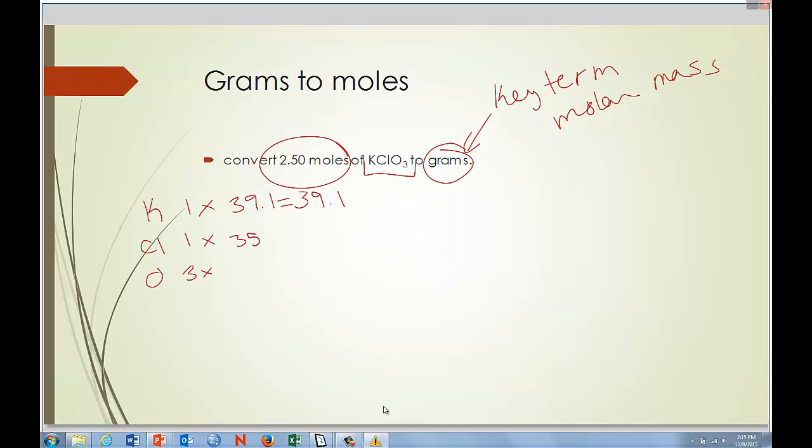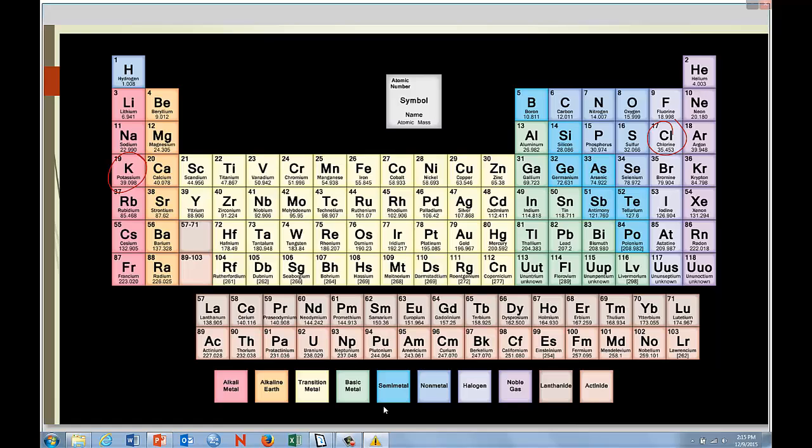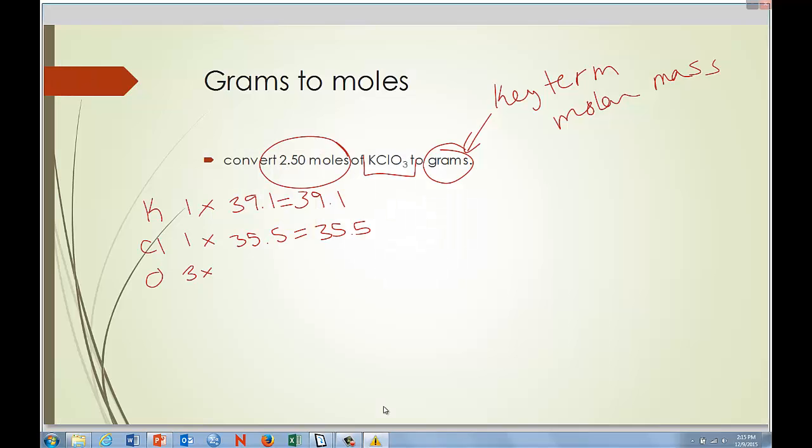That comes out to be 35.5. And oxygen is here at 16.0. So 3 times 16, once again, comes out to be 48.0. Add all those up, and that comes out to be 122.5 grams per mole. And that becomes your conversion factor, meaning you have 122.5 grams is equal to 1 mole.